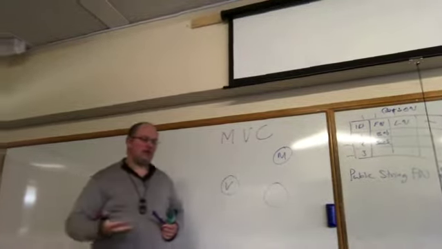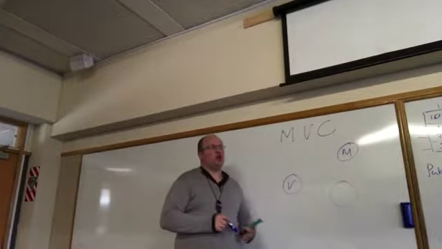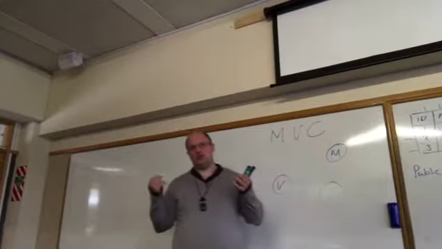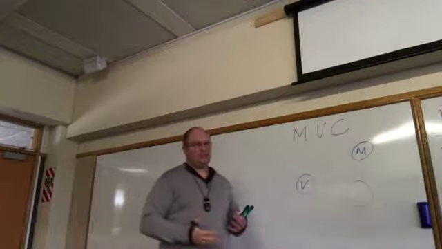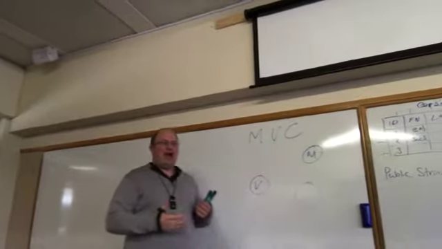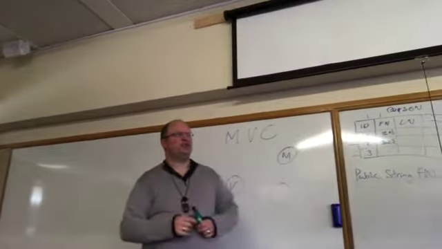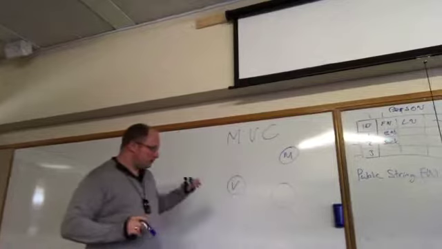Our view is everything that we see and everything that's used to interact with your database. So where you place your buttons, your text boxes, anything that the user uses to interact with your program, that is considered a view. Any UI element, right, those are your user interface elements, they are all placed in your view.